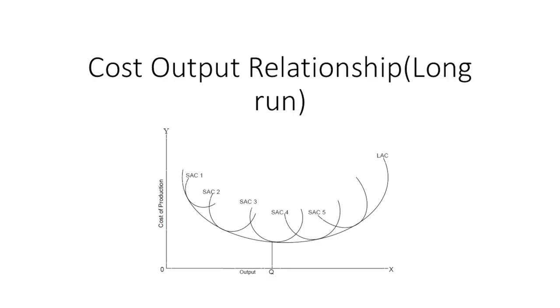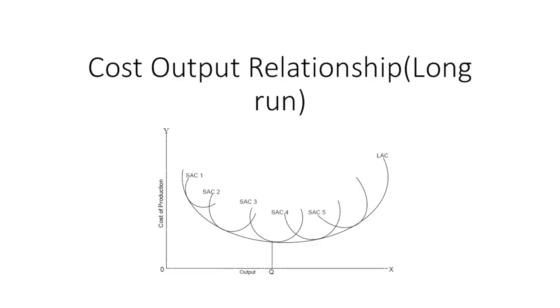Each represents a particular scale of production, that means a particular plant size. Here the variable labor can be changed, but each short run average cost curve represents the level of output at a particular scale of production, that means at a particular plant capacity.